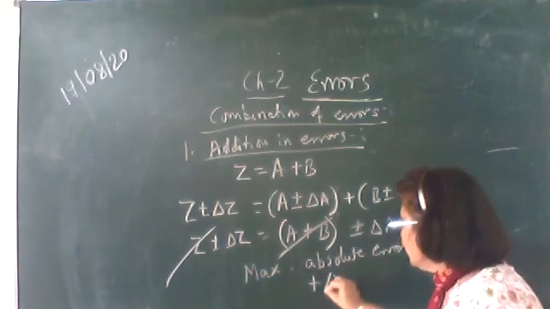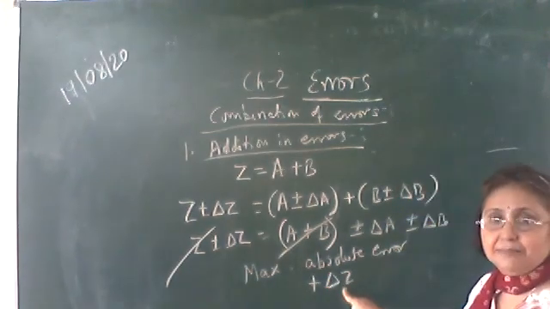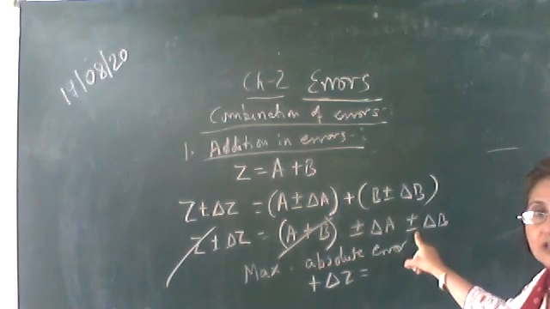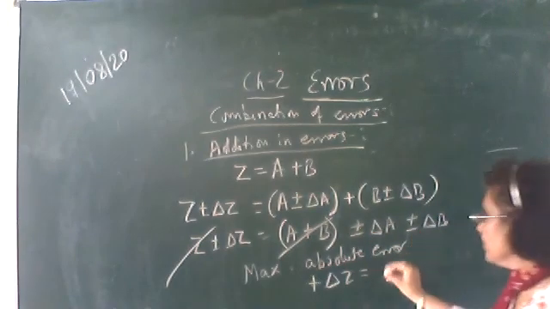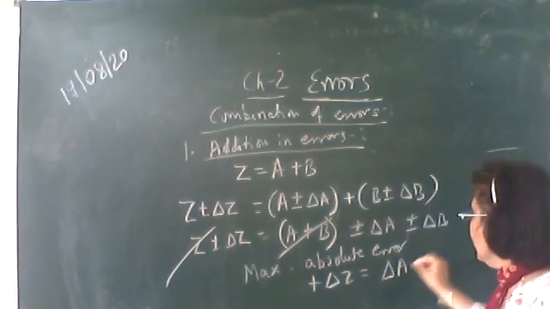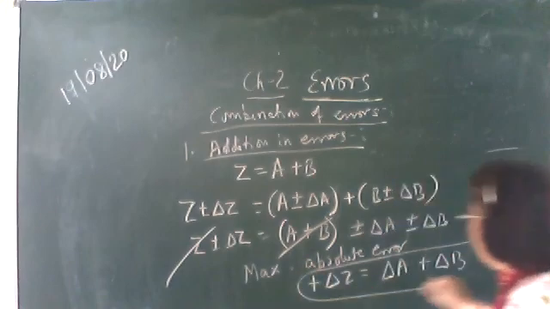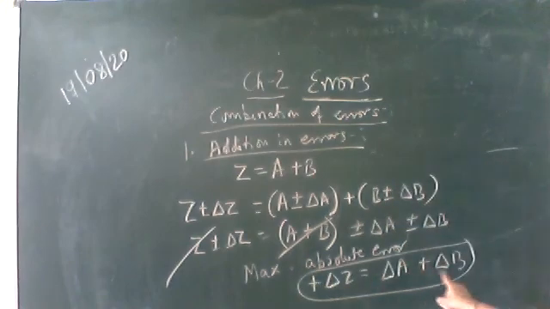Plus delta Z will be plus delta A plus delta B. So the maximum absolute error in the sum is the sum of the absolute errors in individual measurements.